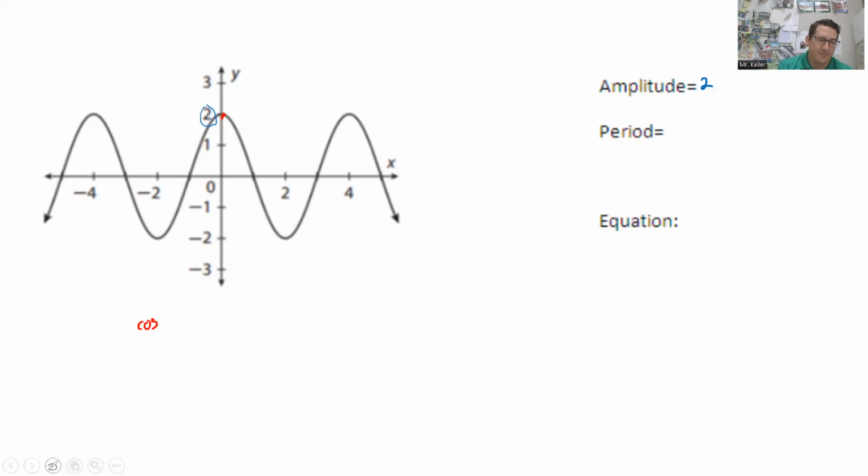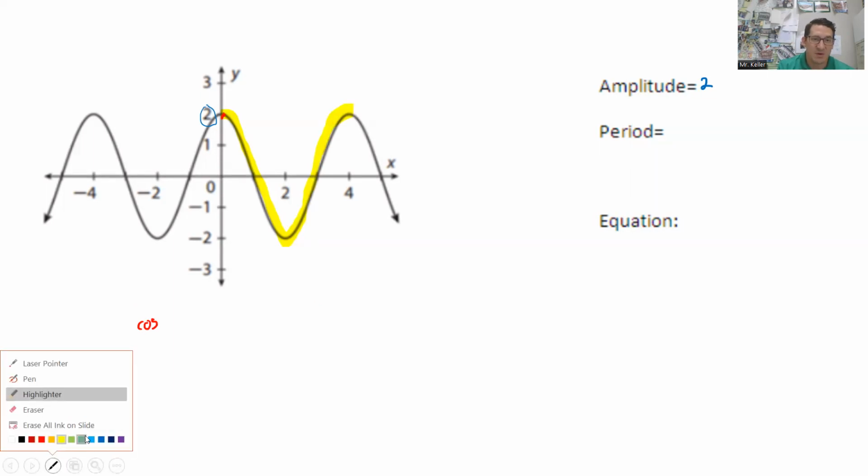The period. So we just need to know how long does it take to go from a starting point, in this case at the top of the amplitude, get to the bottom, then return back to the top where it started. And that is 4.